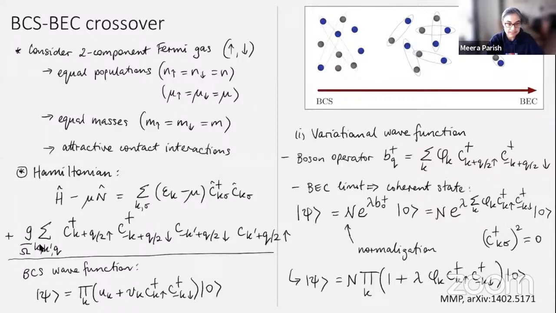What you can keep in mind here is that you should think of the BCS state, the so-called Bardeen-Cooper-Schrieffer state, as corresponding to, in this particular 3D case, where the scattering length is negative, so you don't have a bound state, and the BEC case is where you have positive scattering length, so you do have a bound state.